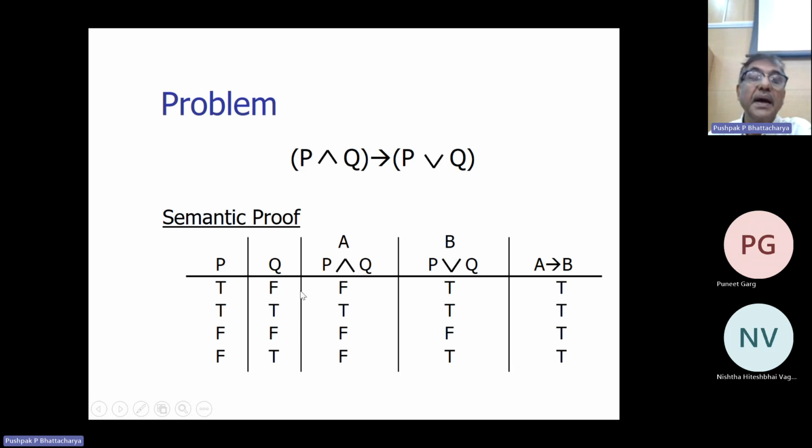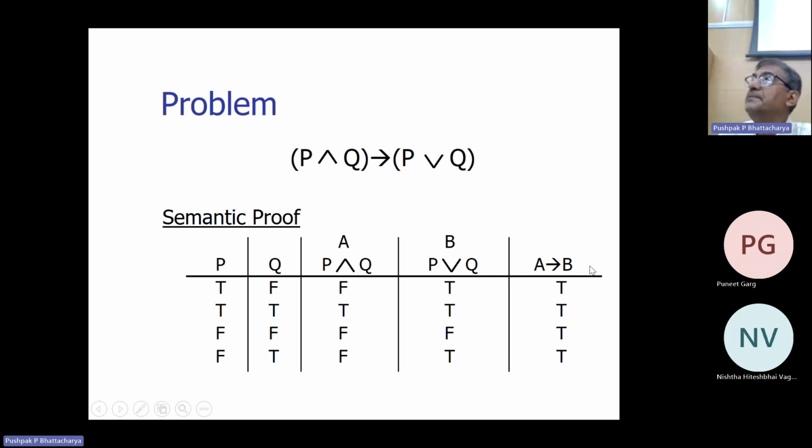These 4 models come from taking 4 values of P and Q as a combination: true true, true false, false true, false false. P and Q gives me true, false, false, false. P or Q gives me true, true, true, false. And finally, the formula is shown to be valid in all the models. So it's a tautology.